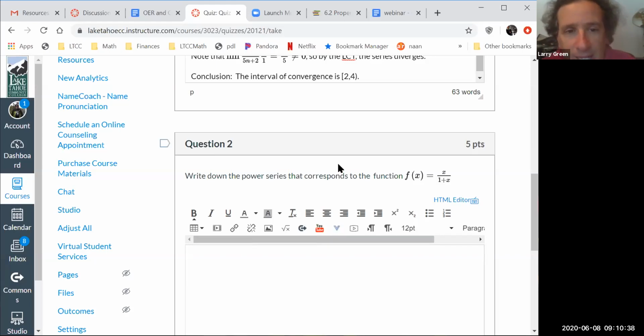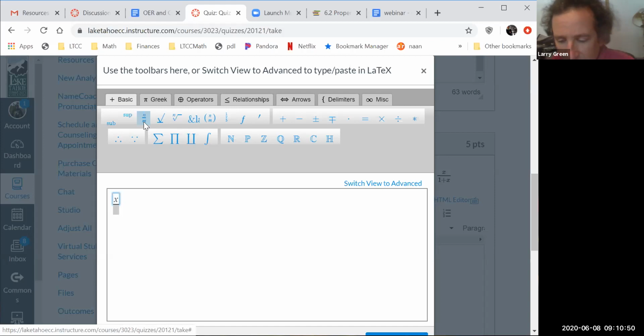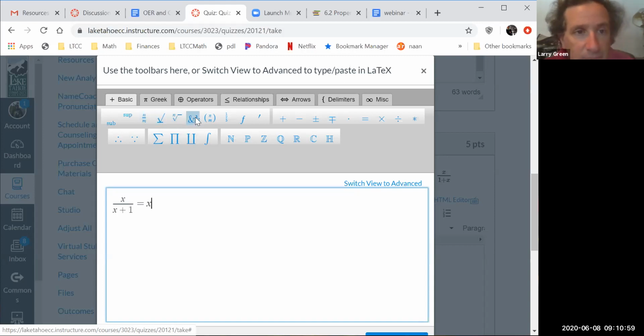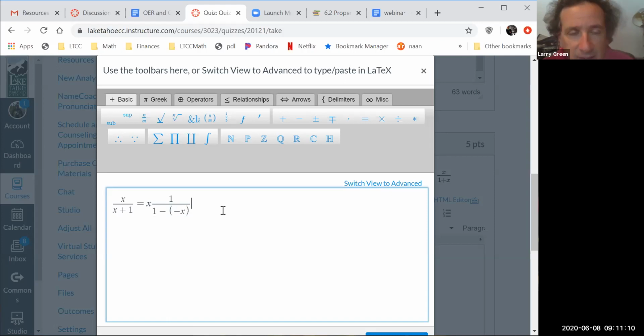So we have x over x plus 1. So we can say that x over x plus 1 is equal to x times 1 over 1 minus a negative x. And now it looks like a geometric series.